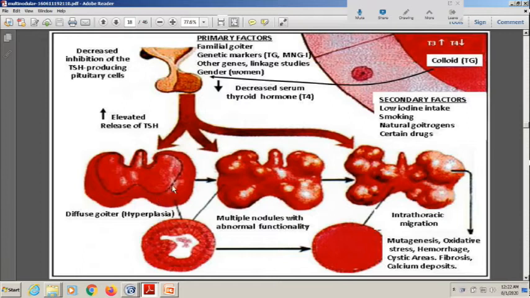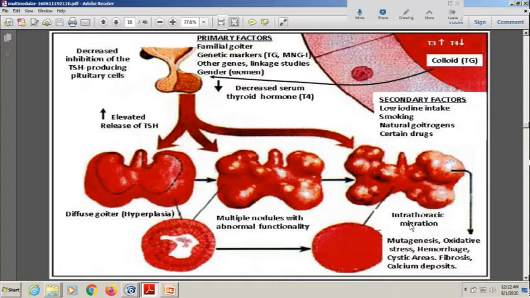Now because of the fluctuation in TSH, multiple nodules form, some active, some inactive. If there is persistent decrease in T3 T4, multiple nodules are formed. It can also go to intrathoracic extension, that means from the lower part to the upper part.